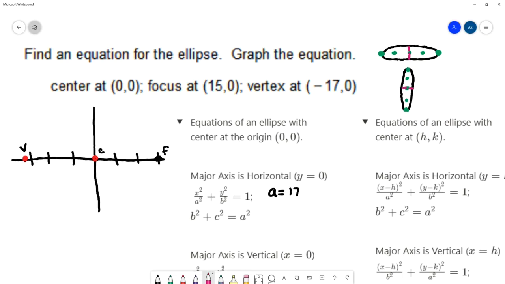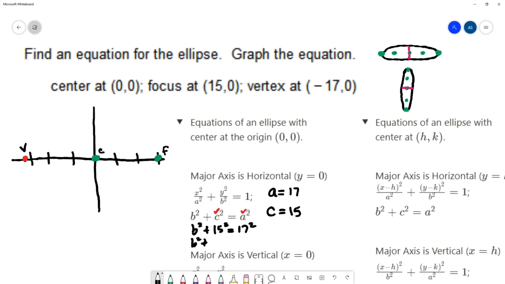We were given the foci. So the value of C is the distance between the center and the foci. So we have a center at 0, 0 and a foci at 15, 0. That's a distance of 15. And since we know C and A, we're going to be able to solve for B. So B squared plus 15 squared is equal to 17 squared.